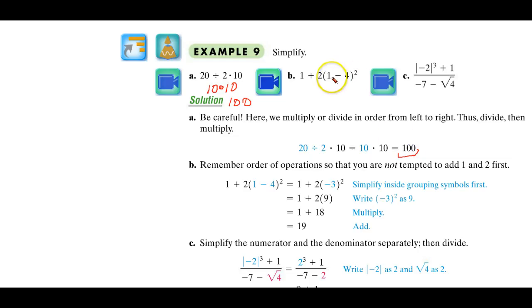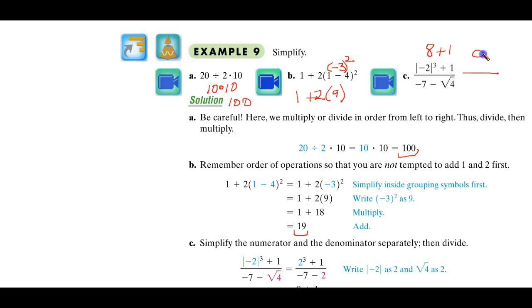Now here we're going to do what's inside the grouping symbol and get a -3 that we're going to square. That's going to give us a +9. So now we do the multiplication, which is 18 plus 1 is 19. And here, this comes out of the absolute sign as a 2. 2 to the third power is 8 plus 1.